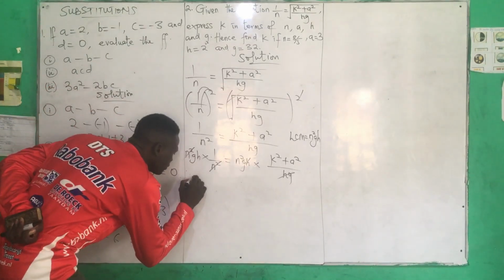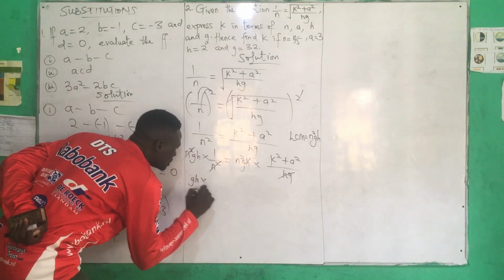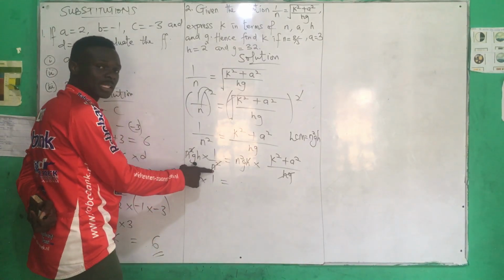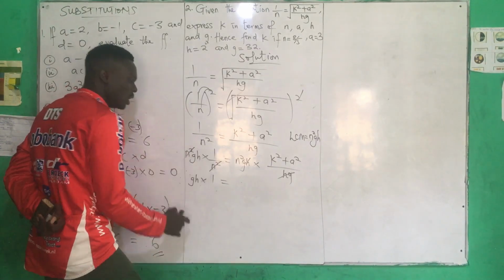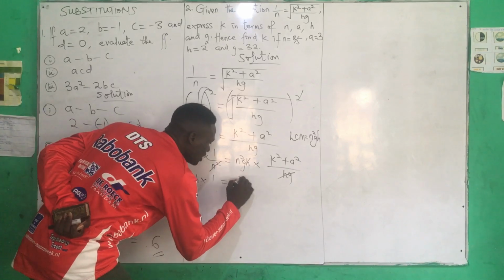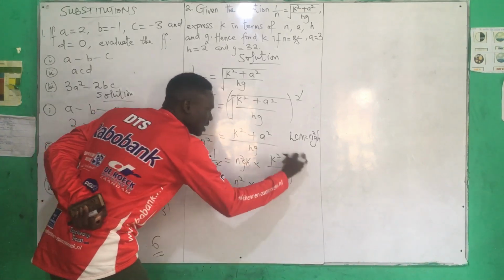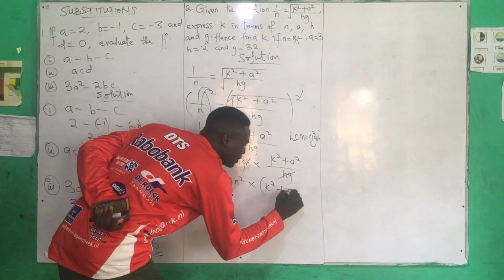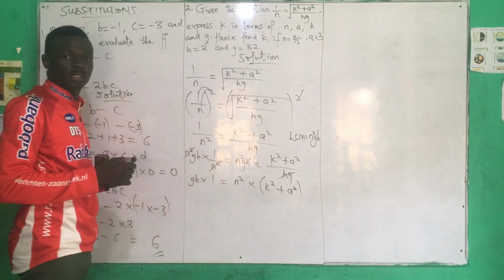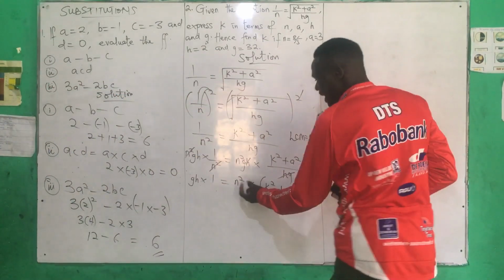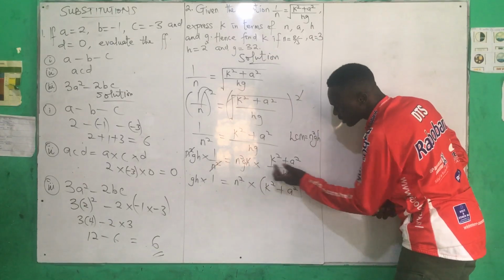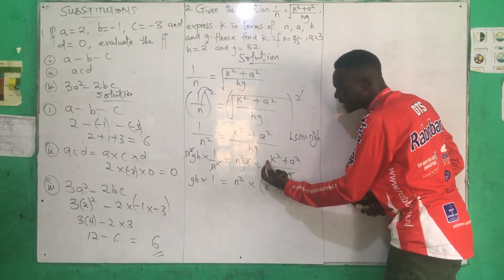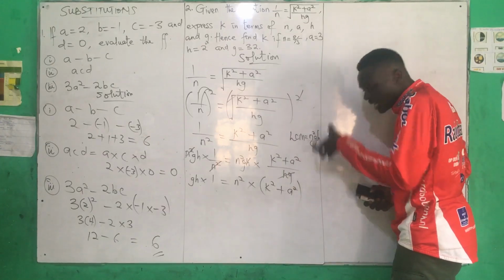Then we now have gh times 1 is equal to, remember this has been cancelled out, n squared times the numerator. But the n squared will multiply everything in a bracket. So we put it in a bracket. The n squared will multiply this. So for us to know that the n squared is going to multiply this, let's put it in a bracket.